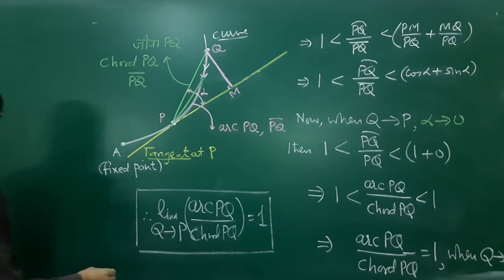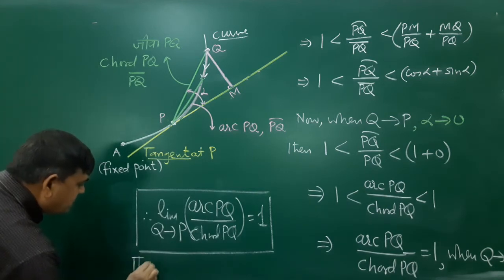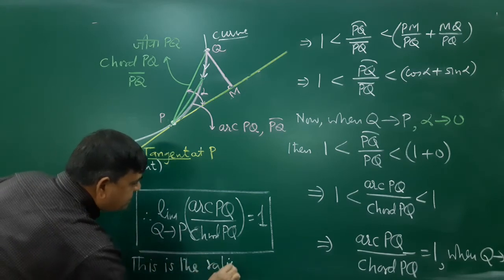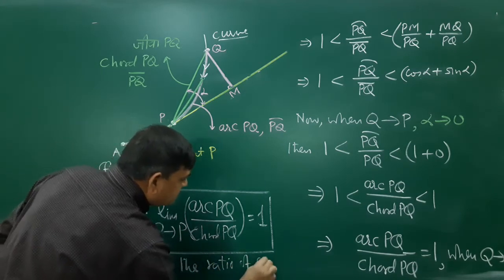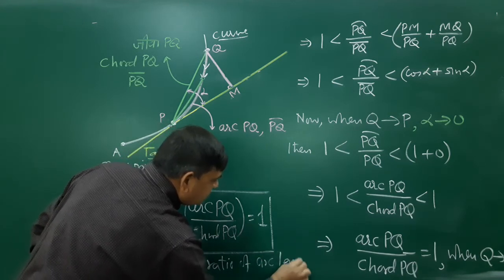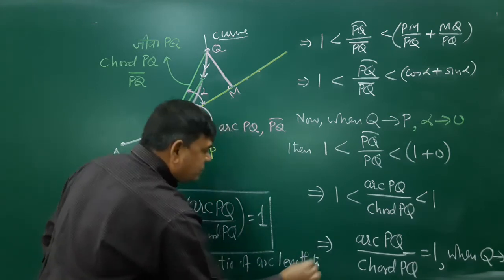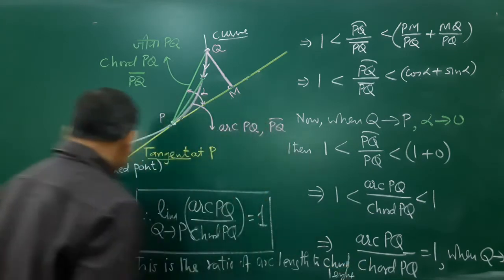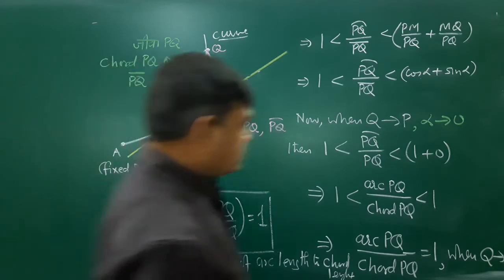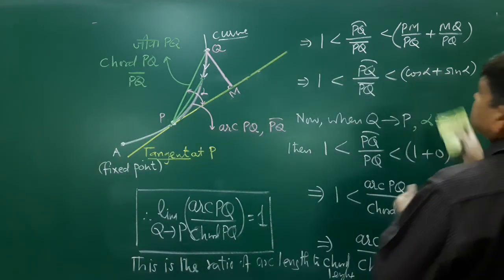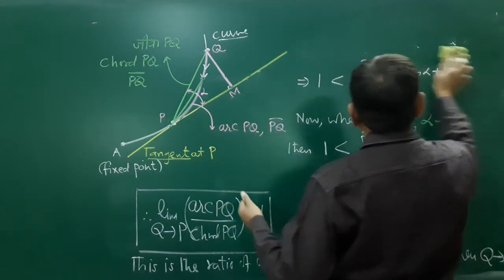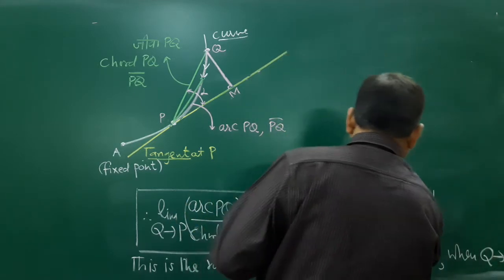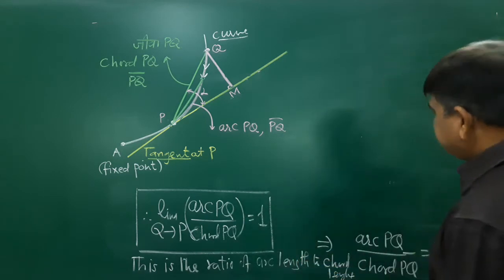This is the ratio of arc length to chord length. So you just remember this.